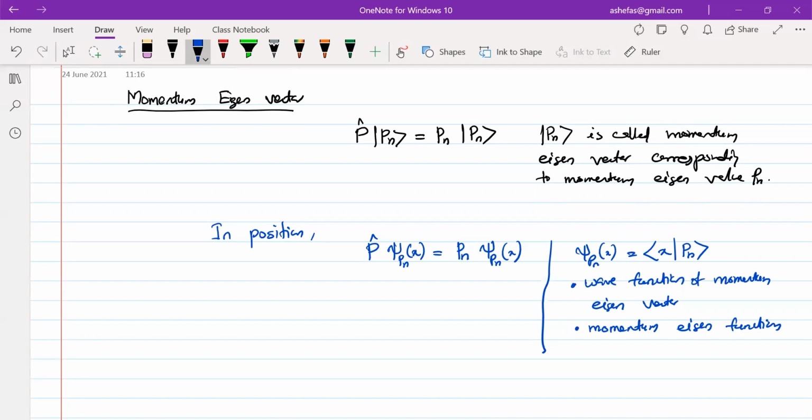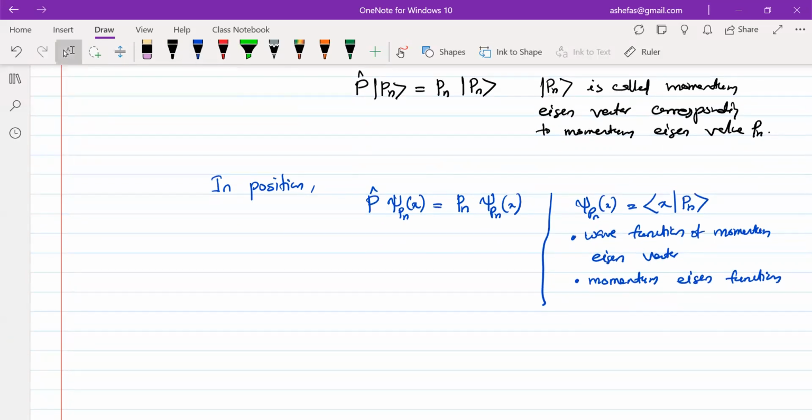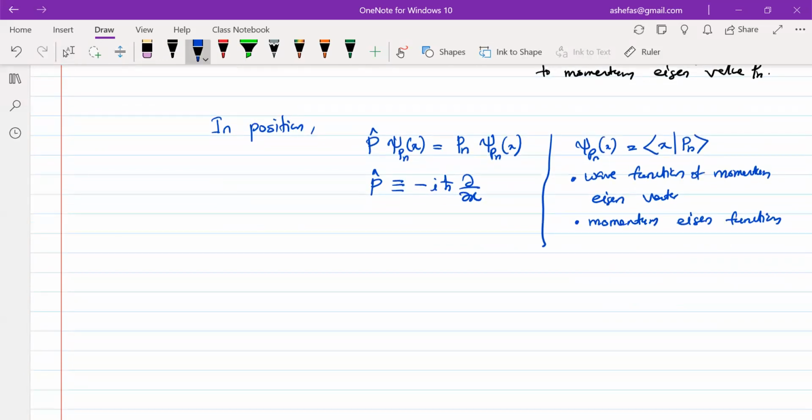Okay, now it is possible to find the representation of psi Pn of x. So for that, just replace the momentum operator in position representation. So in position basis, the momentum operator can be written as minus i h cross dou by dou x. So therefore, the eigenvalue equation becomes minus i h cross dou by dou x acting on psi Pn of x gives Pn times psi Pn of x.